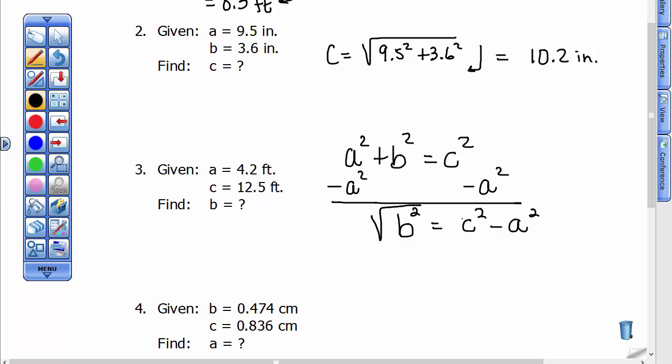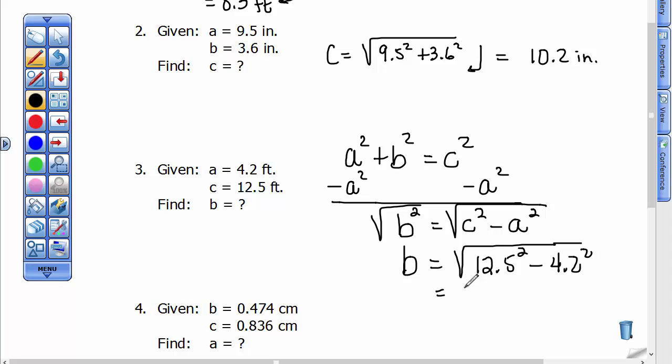Now I've got to take the square root of both sides, and I can find b by taking the square root of c squared minus a squared, and in this particular case side b turns out to be 11.7, and that would be feet.